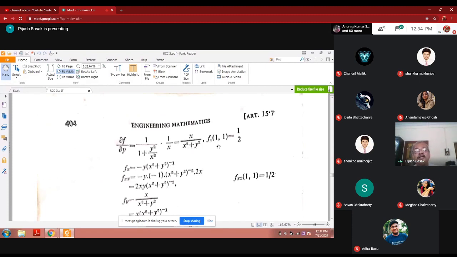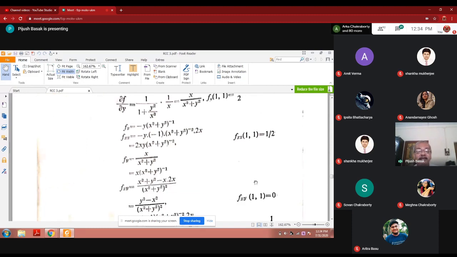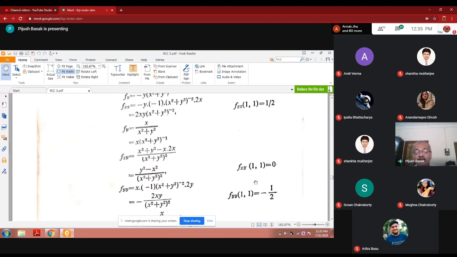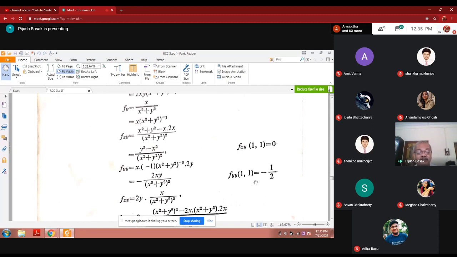So del f del y at (1,1) is half. fx is equal to minus y (x square plus y square) to the power minus 1. So fxx is this. So fxx at (1,1) is half. Similarly you find fy, and fxy at (1,1) is 0, fyy at (1,1) is minus half.